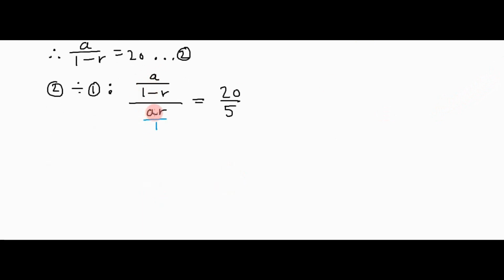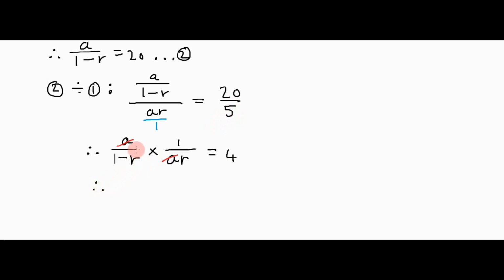We have a fraction divided by a fraction on the left-hand side. So we can multiply the top fraction by the inverse of the bottom fraction. Immediately the a's cancel, and on the right-hand side of course we have 4, 20 divided by 5.